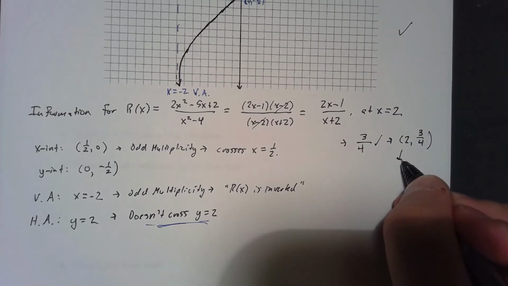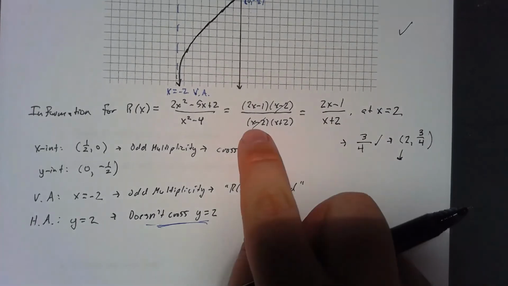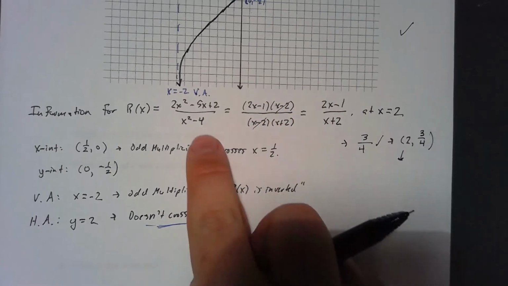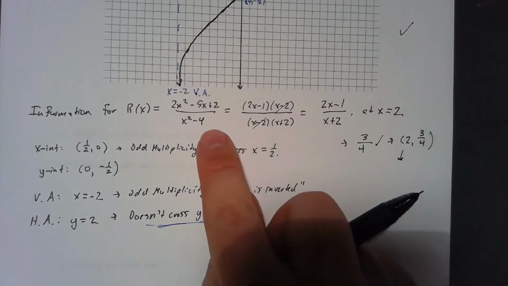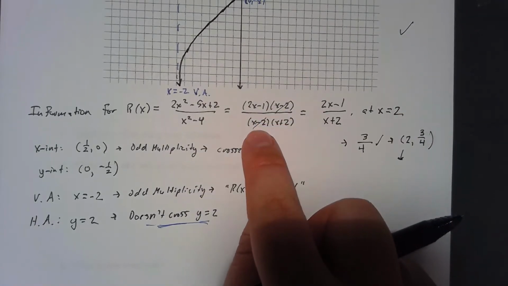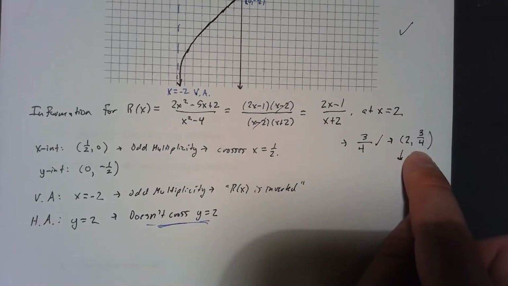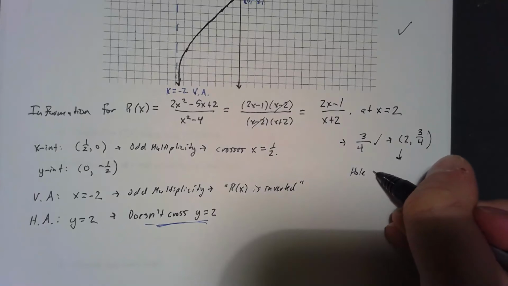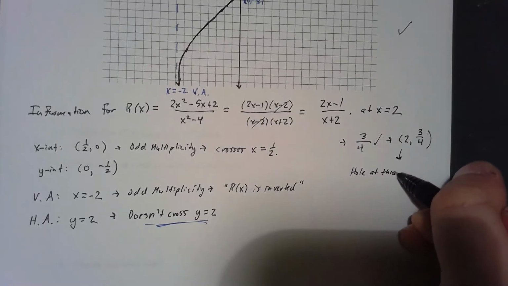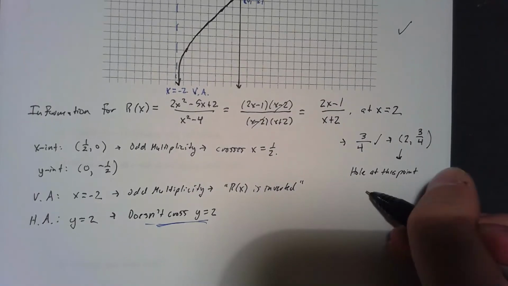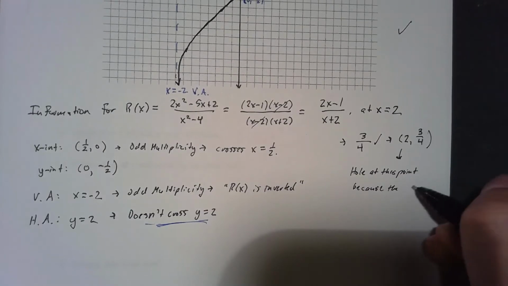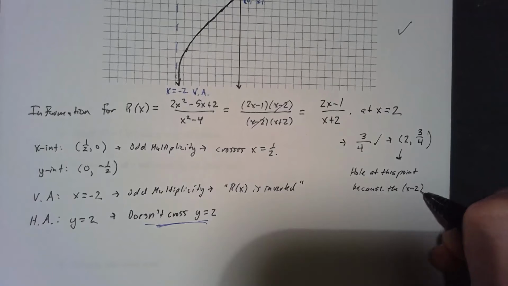So because this factor canceled out, if you put 2 in the original, you're going to get division by 0, which you can't have. But because it drops out, that point has a hole. This point is not included in the graph. There's actually a hole here because the x minus 2's cancel out.